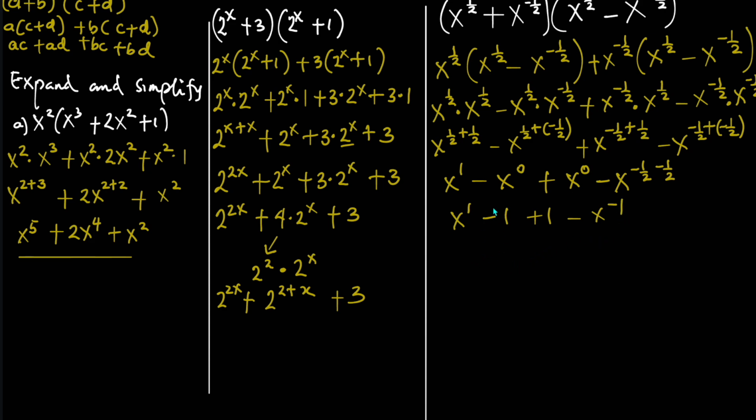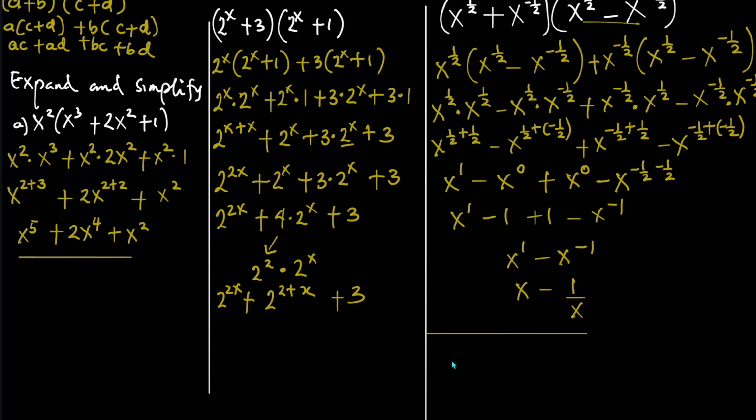So essentially, negative 1 and positive 1 go to 0, and we are left with x to the power of 1 minus x to the power of negative 1. So this is just x, and this is minus 1 over x. Or you could have just used the fact that this is a difference of 2 squares by simplification. This is like (x plus y) times (x minus y) from that point of view.